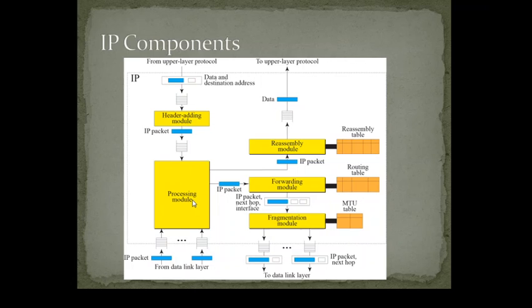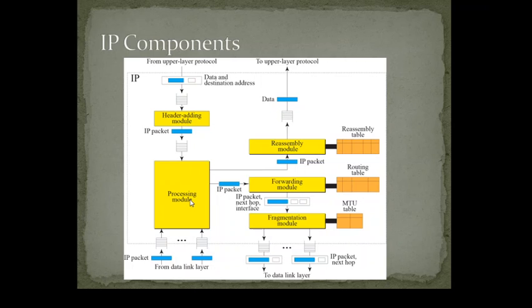Then you will have a processing module where you decide whether the packet is coming from the upper layer or from the lower layer, and accordingly forward it to the forwarding module or the reassembly module. If it is coming from the lower layer, the data link layer, you will forward it to the reassembly module, where the IP header will be removed and the data will be given to the upper layer. If it is coming from the upper layer, the IP packet will be forwarded to the forwarding module, which will forward it to the next layer.